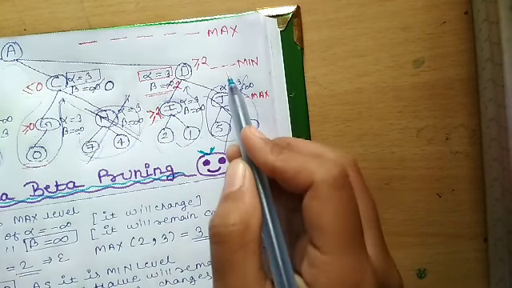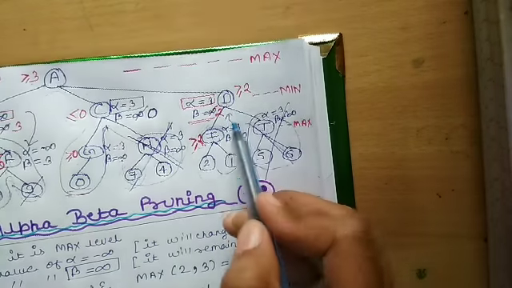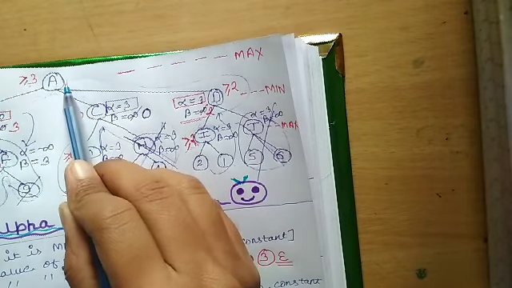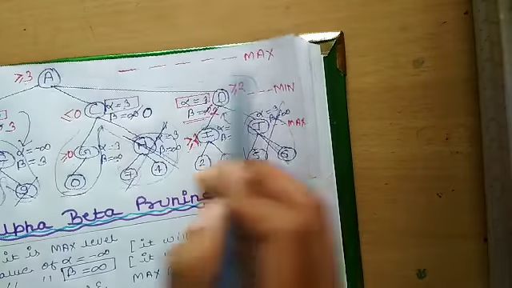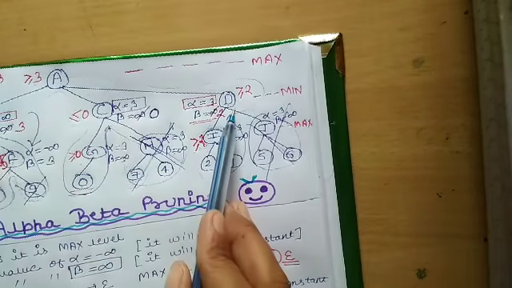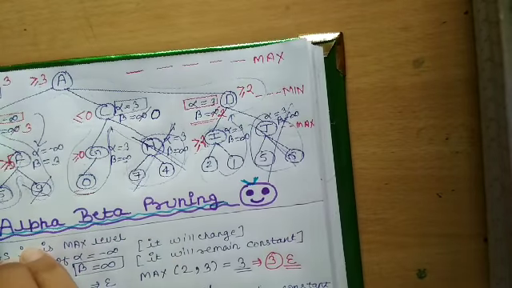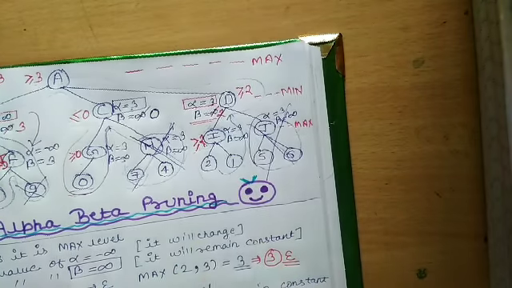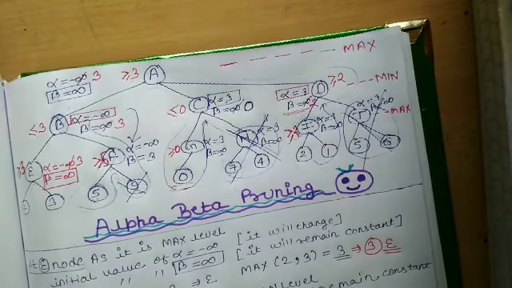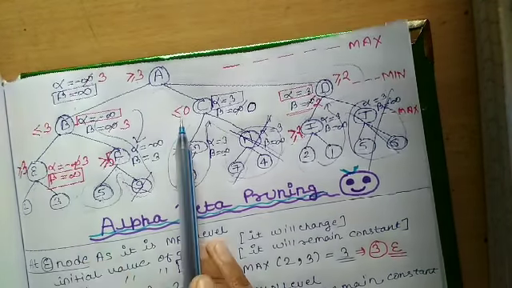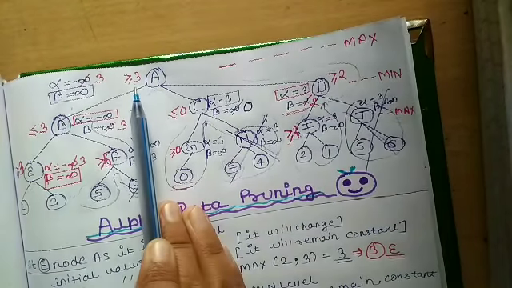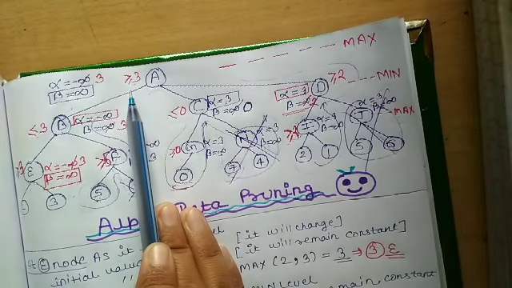You will go to A node again. From here you will go to A node and you will find out the maximum value among these 3. 3, 0, 2. See, these 3, 0 and 2. Which is maximum? 3 is maximum, and it is already written here.